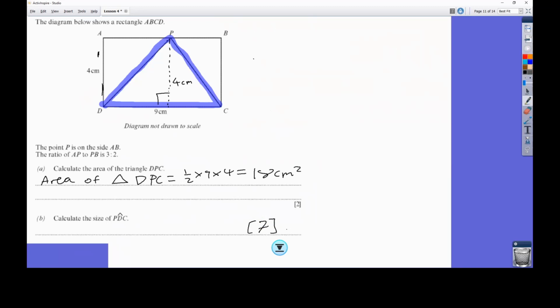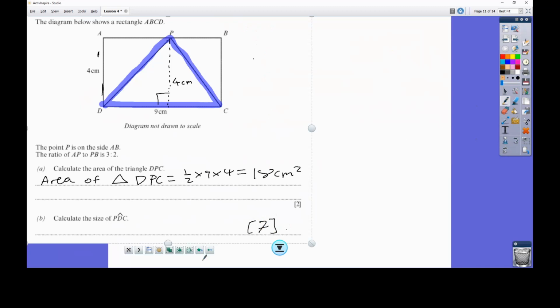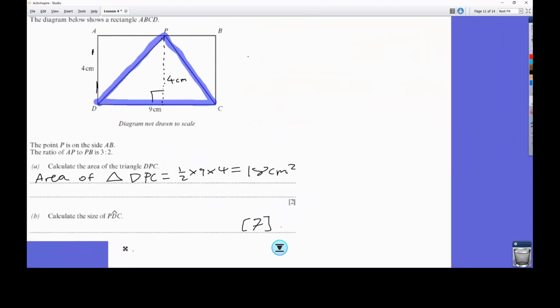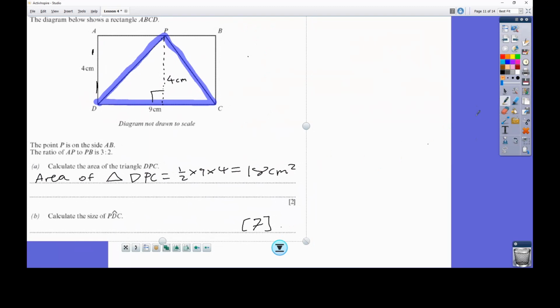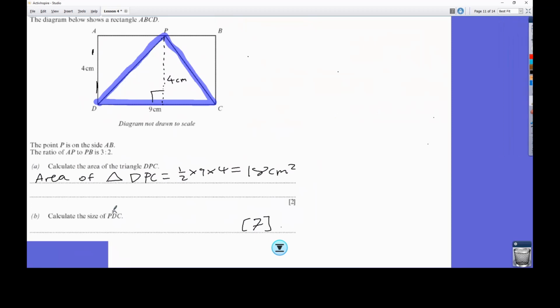So I'm going to need a little bit of space to do that. Let's get a bit of space here. And okay, so second bit, we want the size of angle PDC. That little hat means I want the angle at D. So I want the angle from P to D to C. So I want this angle here essentially.